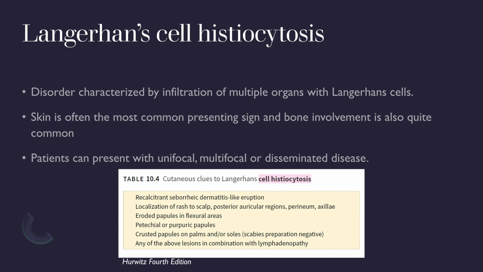So remember, Langerhans cell histiocytosis can present with a seborrheic dermatitis-like eruption, particularly over the scalp areas, the cradle cap areas, the perineum, the upper chest. So if you have a recalcitrant seborrheic dermatitis that never seems to go away, or maybe gets a bit better but never clears off, then definitely consider a biopsy.